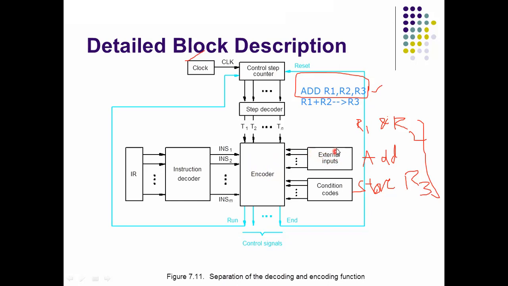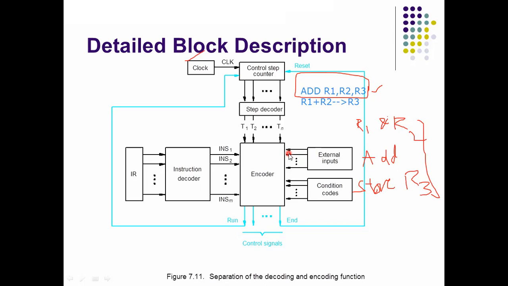Interrupts are also given externally. What is meant by an interrupt? If you take any program, that program is executed sequentially. If any conditional or unconditional branch instructions are there, then the controller breaks the normal sequence.